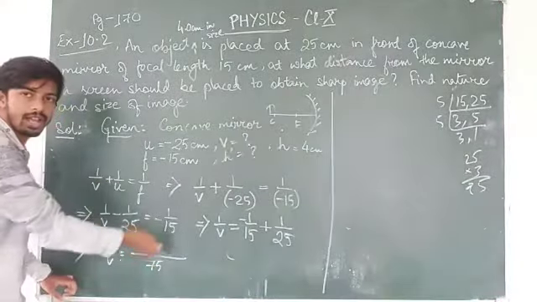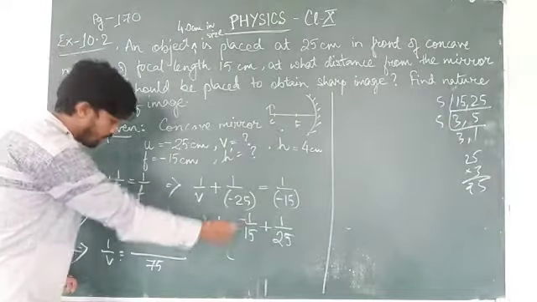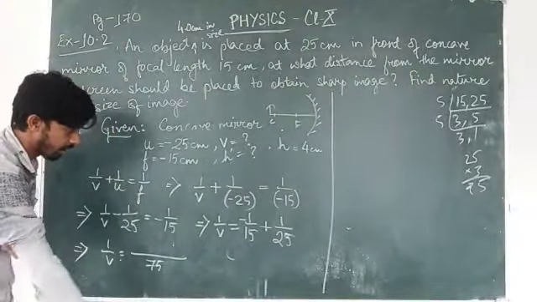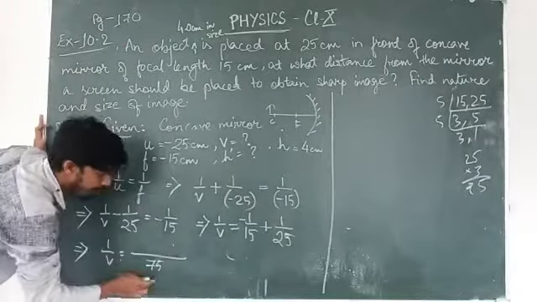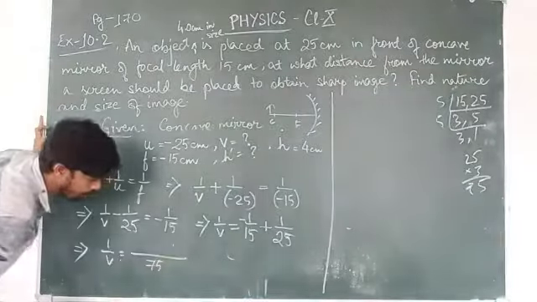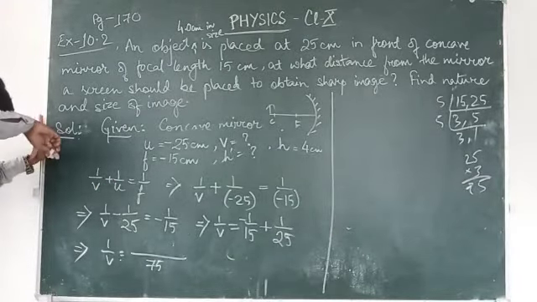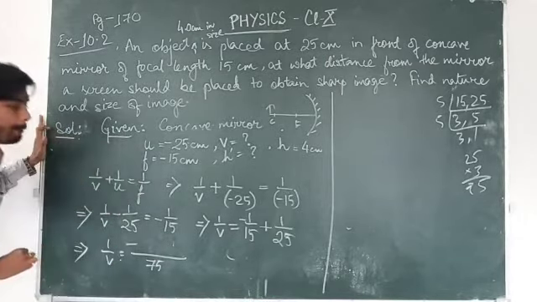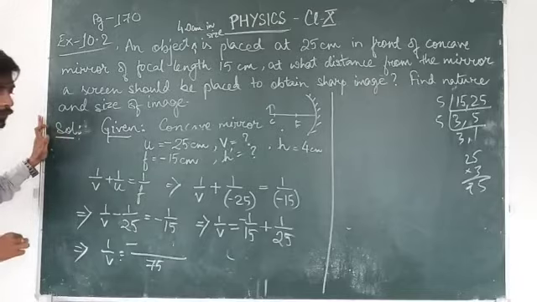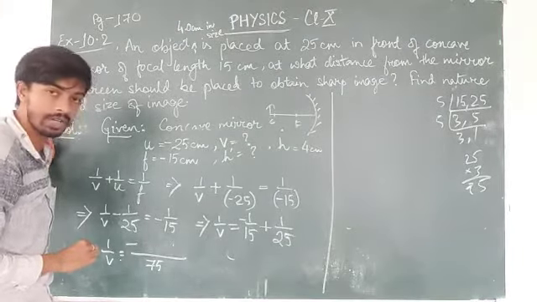Now we solve this one, as I think you all must know how to solve terms related to the numerator and denominators in the fractions. So this is 75, this is 15. So 15 into 15. Since it's minus, it will be minus here. 15 twos are 30, 15 fours are 60, 15 fives are 75.